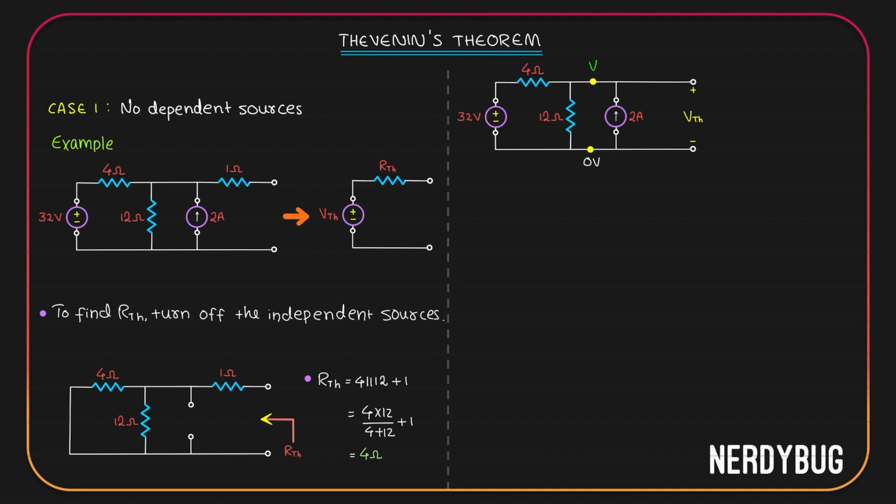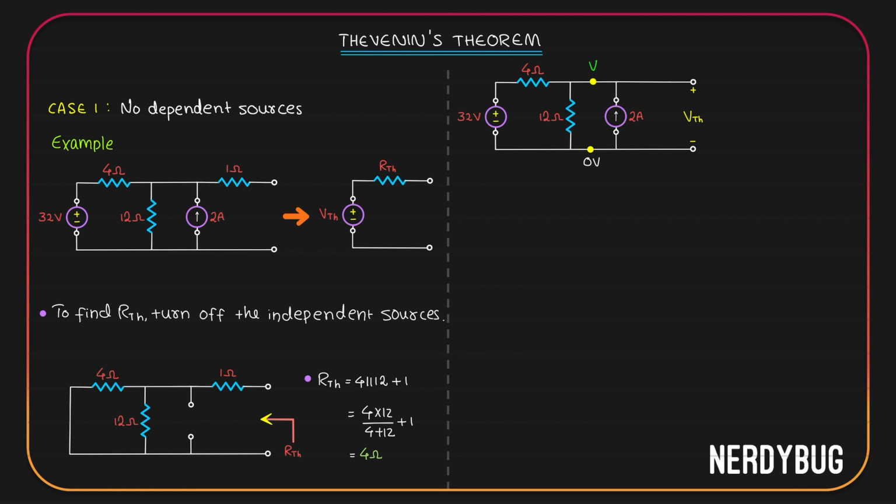How many currents will be there? A current will flow through this resistor like this. Current will flow through this resistor like this. There is a 2 ampere that is coming in this direction, and that is all. If you take a look at 4 ohm resistor, it has V potential here and 32 volt here.